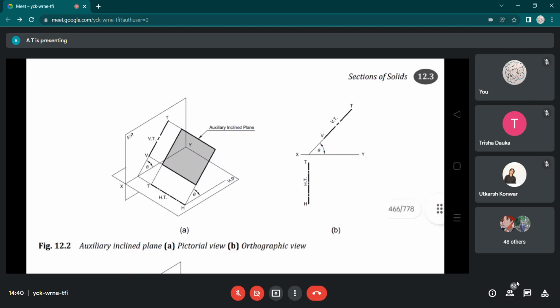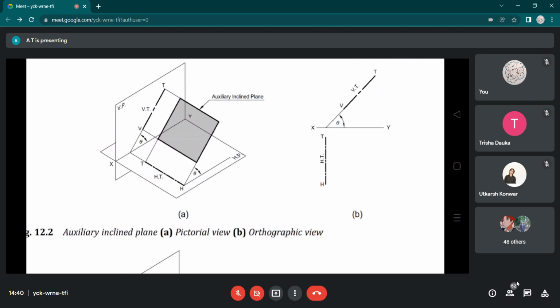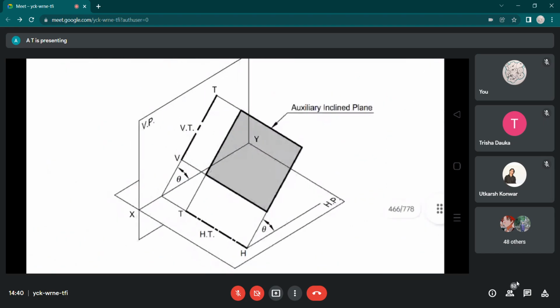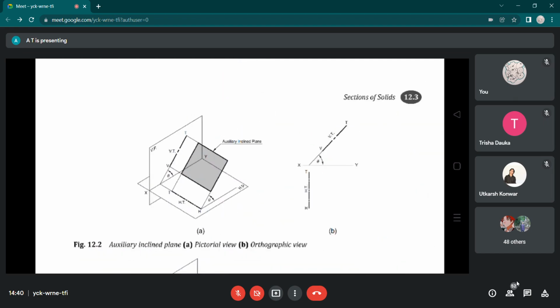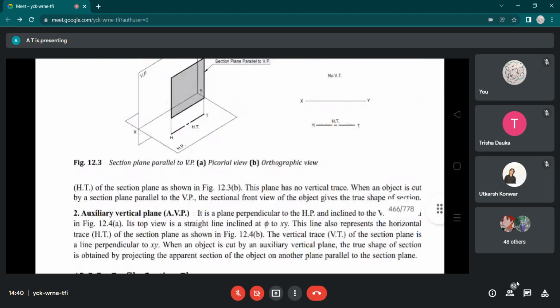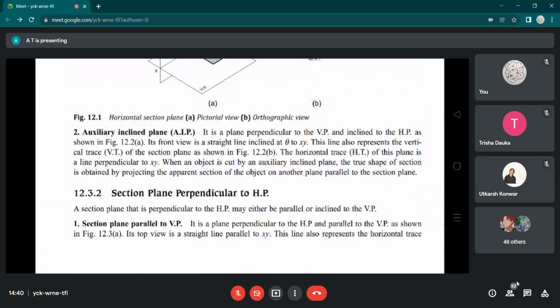So this theta angle you can see in this particular figure. With the HP it is making angle theta, and it is perpendicular to the VP. So this plane, please notice it here, and we will discuss one problem regarding this.